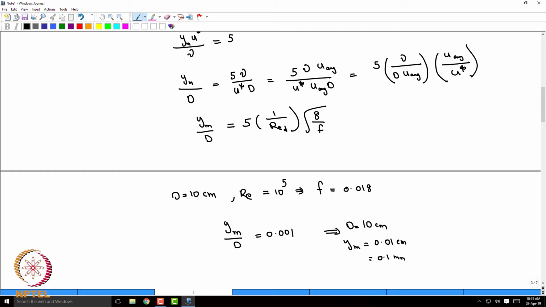You would definitely see it, right? In other words, the wall layer is not really on a flat plate. It's actually seeing all the crests and troughs, and it's actually moving on a very uneven surface. Agreed? Because the thickness itself is very small.